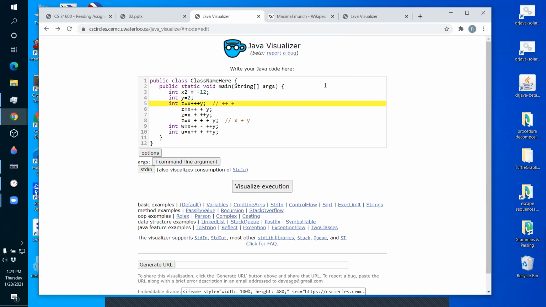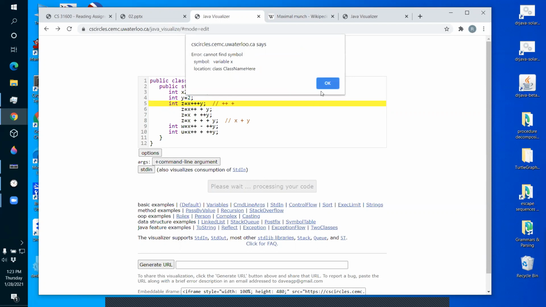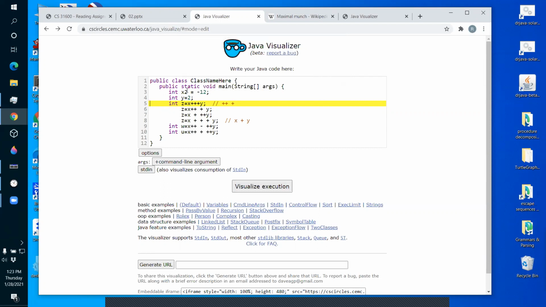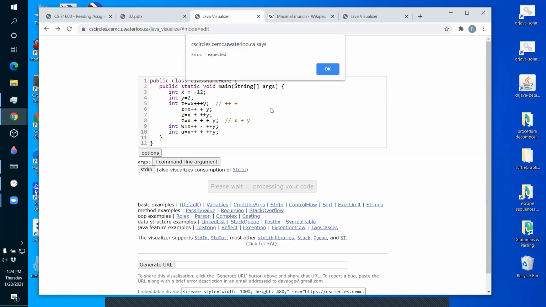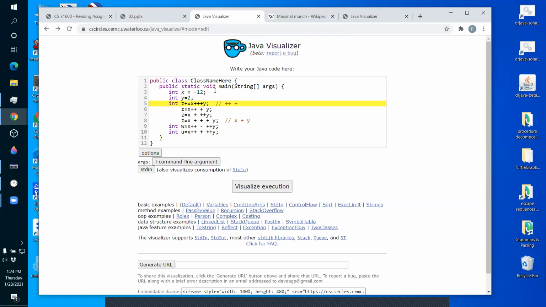Well, what am I doing wrong? Oh, I'm sorry. I changed X to X2. So that mistake was this X, I had changed the name of it. Okay. Now go here, put a plus there. Oh, I'm not allowed to do that on a declaration. So do it here. Yeah, see, okay. I could not put a plus there, but I could put a plus there.